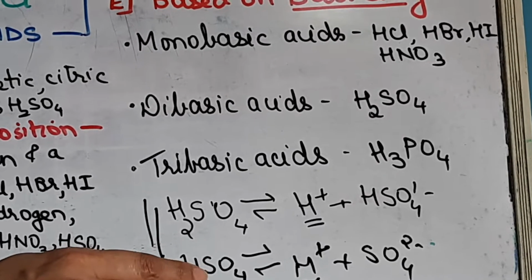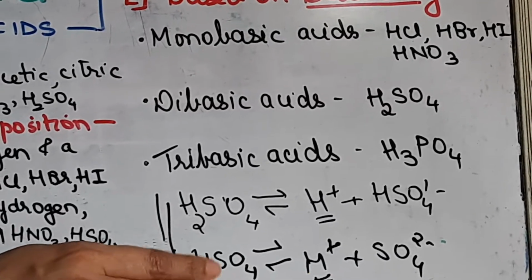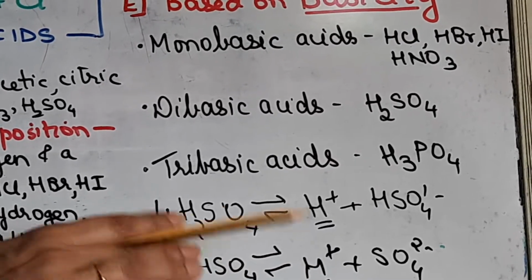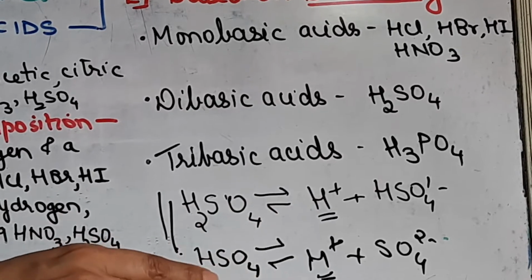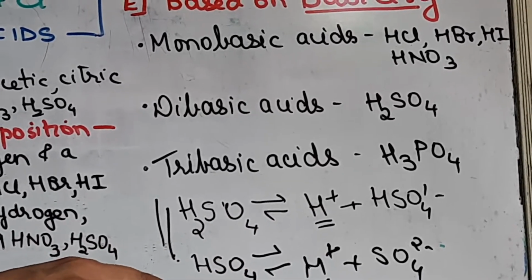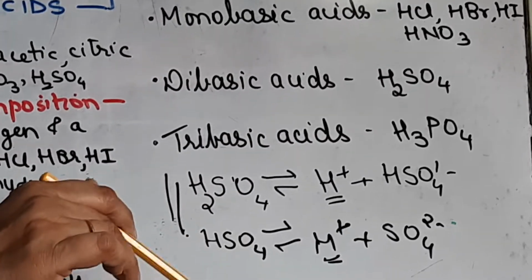That is the definition of basicity. So here 1, 1, 1, 1, here there are 2, here there are 3. There are two definitions, any one you can remember. Or, it is the number of hydroxyl ions with which one molecule of that acid reacts. Acid generally has hydrogen ions and base will have hydroxyl ions, so acid and base will react to form salt and water. So it is the number of hydroxyl ions with which one molecule of that acid will react.